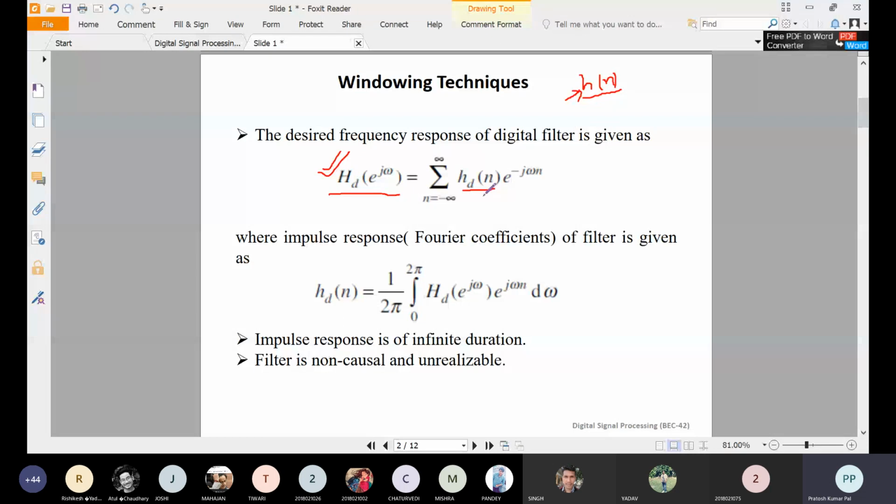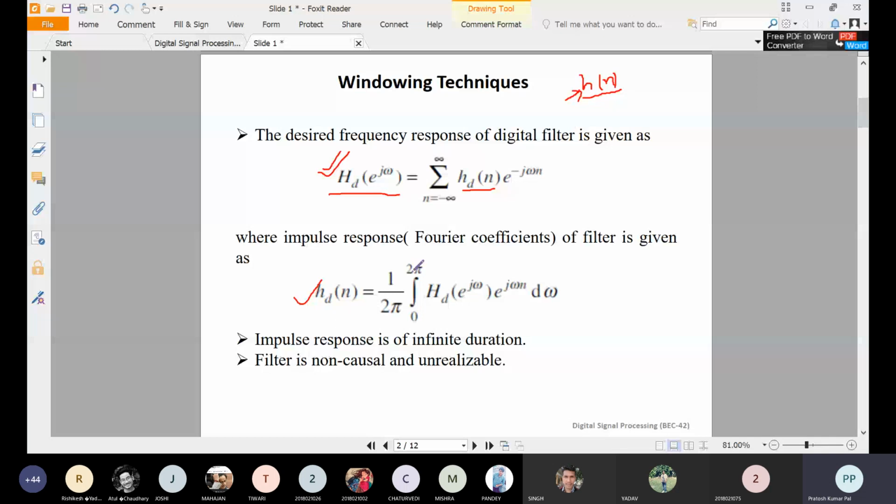To represent Hd of n, we need to find the inverse Fourier series. The formula for Hd of n is 1 by 2 pi, integrated from 0 to 2 pi, of Hd of e to the power j omega times e to the power j omega n. This is the inverse Fourier series, which gives Hd of n, the impulse response.